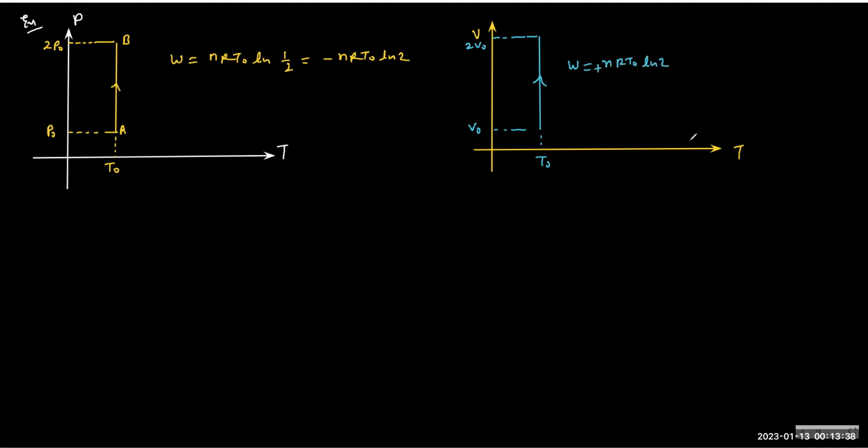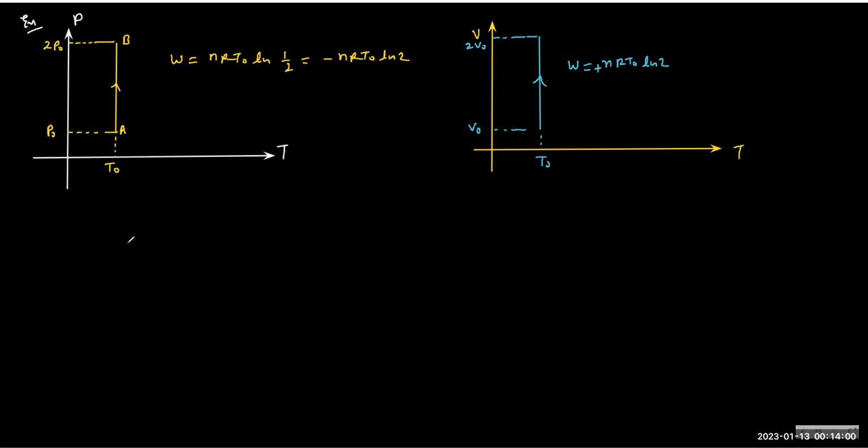But in this case it is positive, right? So work is positive, so dQ is positive, which means heat is absorbed in this process. Right, guys? Okay, so these are some typical questions that you will come across.